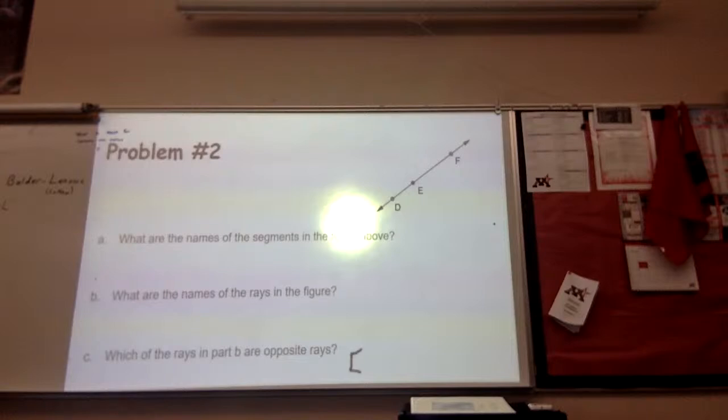What's the opposite ray of that one? Yeah. That's one of them. Actually, that's the only one. So ED, EF. They're opposite of each other because both your endpoints are the same.